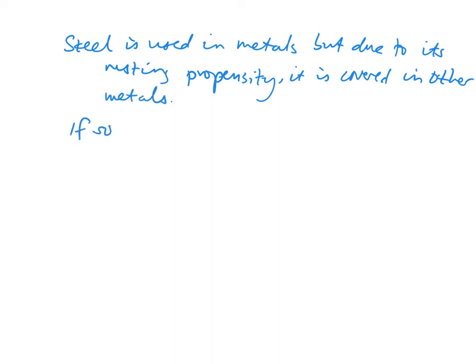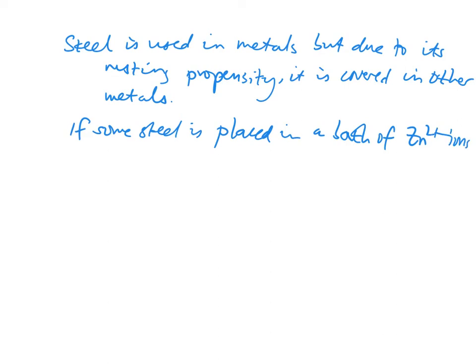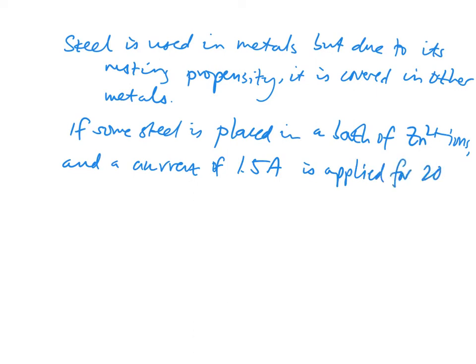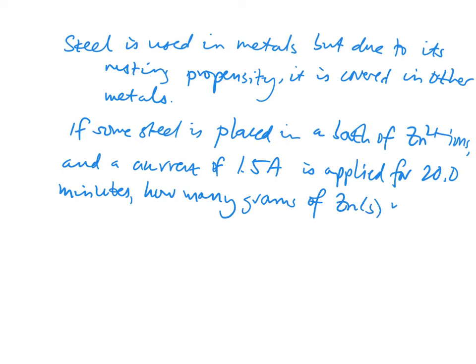So if some steel is placed in a bath of zinc 2+ ions and a current of 1.5 amps, so a very dangerous amount of current, but again, not much in the way of moles of electrons, is applied for 20 minutes, how many grams of solid zinc will plate?